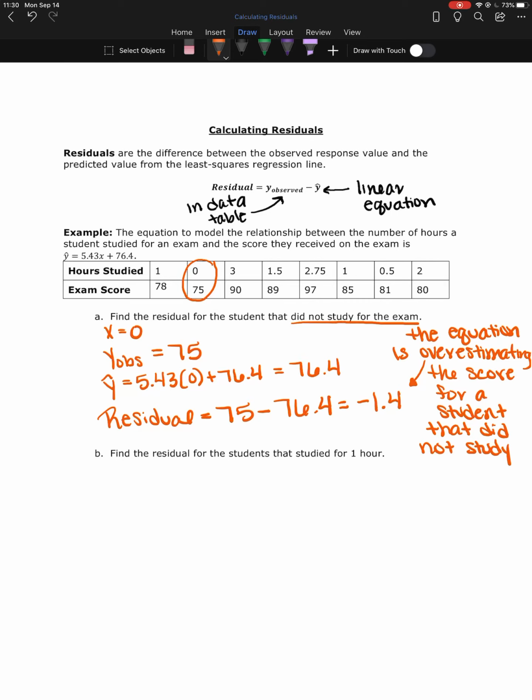So our equation is overestimating. But it's not too bad. Negative 1.4 isn't a terrible residual.